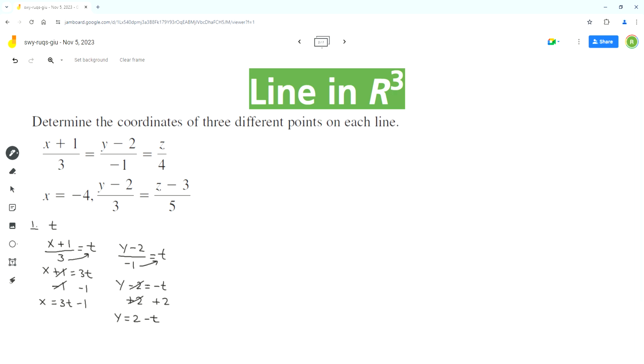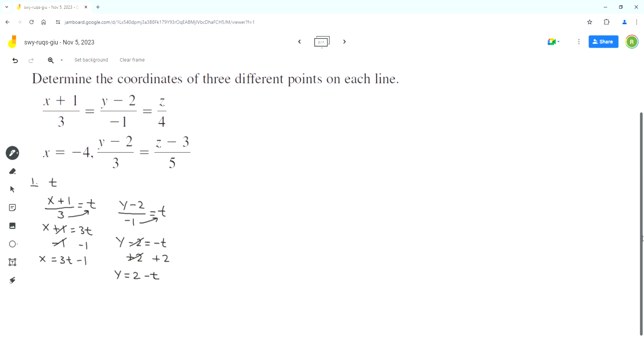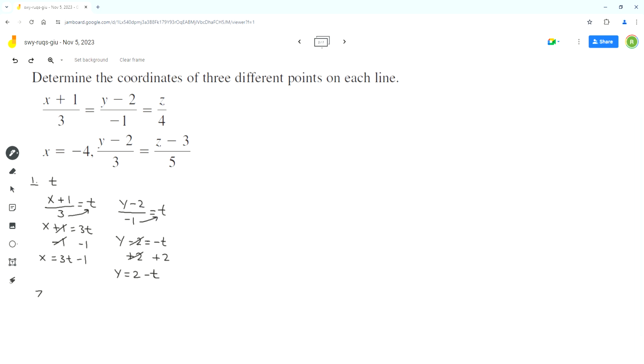Now we can work on the z equation. We can cross multiply the 4. So this is the z equation.